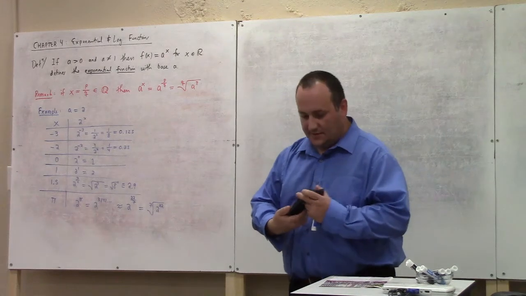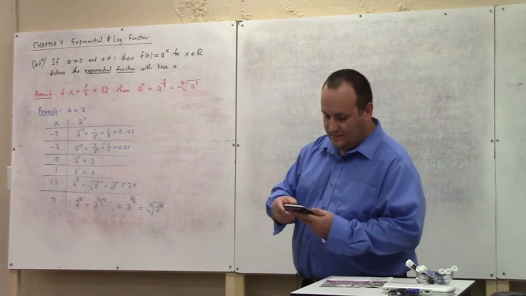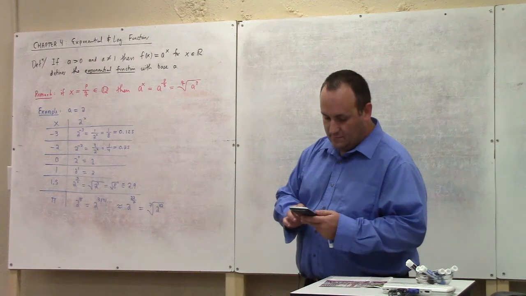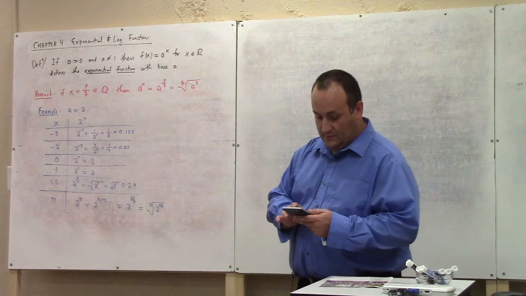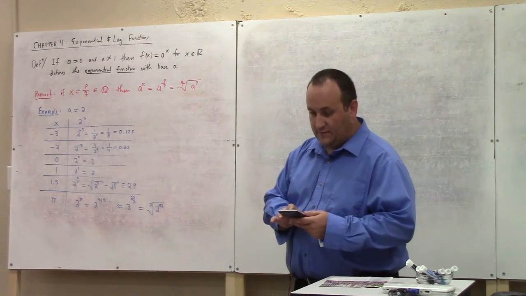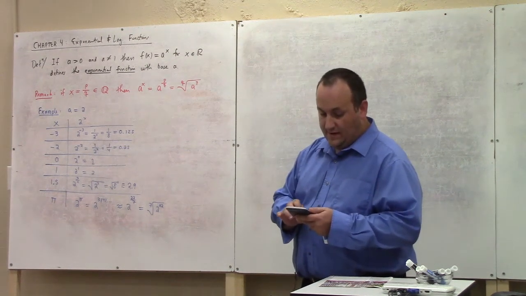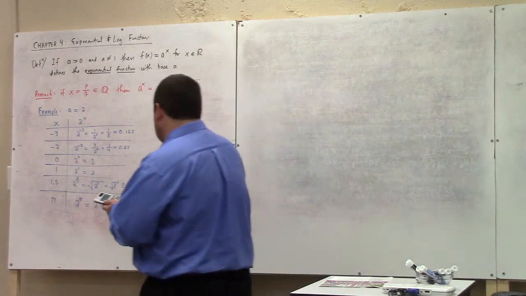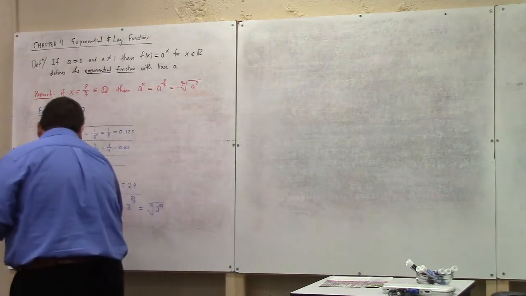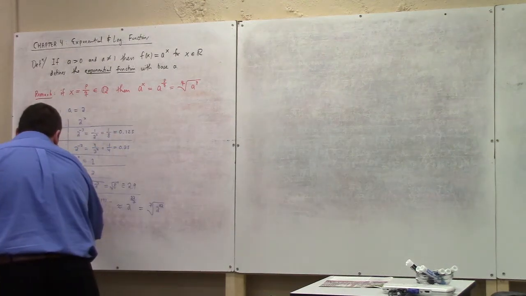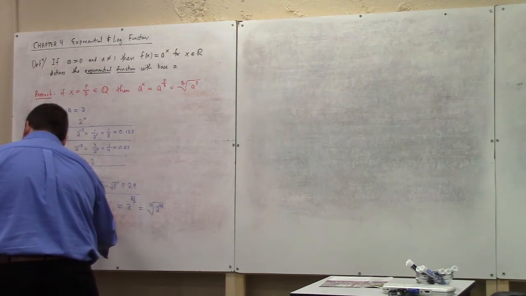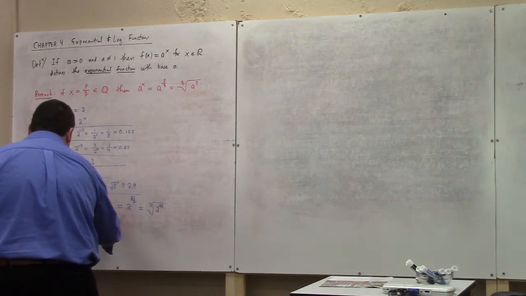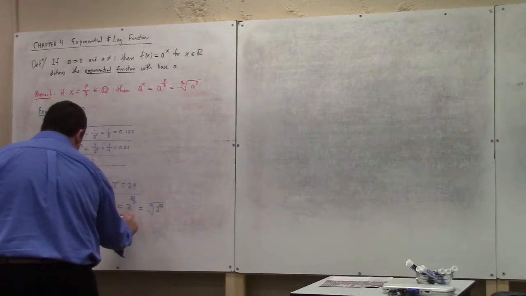I could get out my handy-dandy calculator and try to figure out how to do 2 to the pi. On this one, I would just hit the number 2 and then look for the exponent. So I do 2 to the pi, and according to my calculator, 2 to the pi is equal to 8.8249777827.